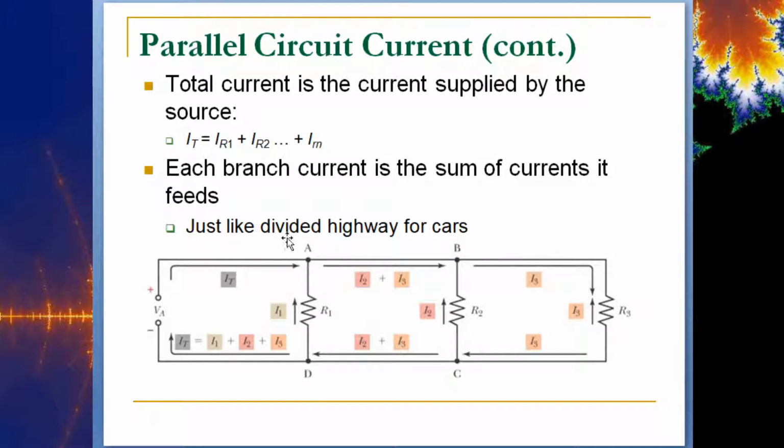There we go. Okay, so the total current in the circuit is supplied by the source, okay? So out of this source, there's a total circuit current that gets drawn. As soon as it encounters the first junction, and when I say junction, I'm talking about something that has at least 3 terminals attached to it, okay?